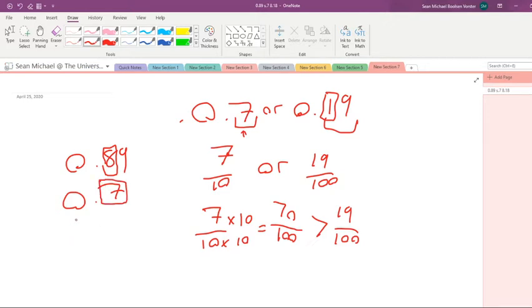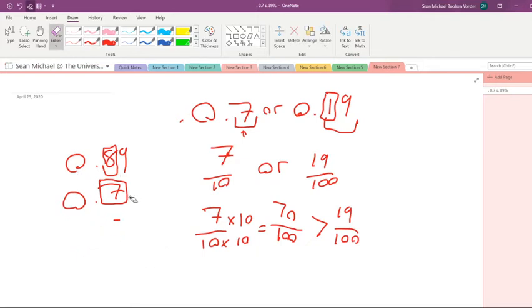So you're dealing with 7 over 10 versus 89 over 100. And an easy way to figure this out is just to times this by 10, which gives you 70 over 100, which is a lot easier to compare, right? So yeah, that's the major thing that we look out for.